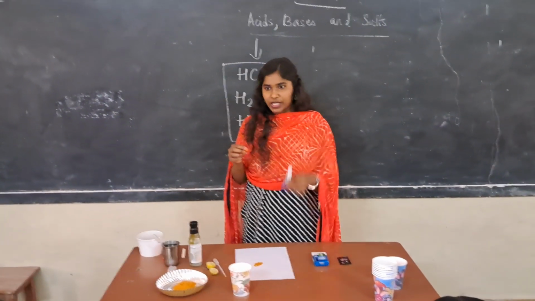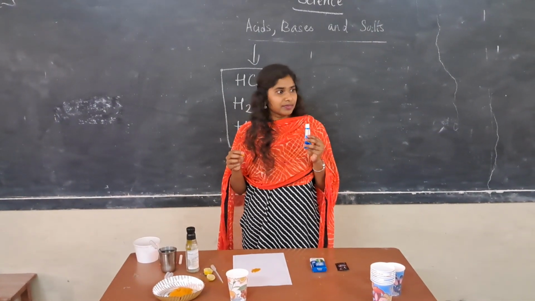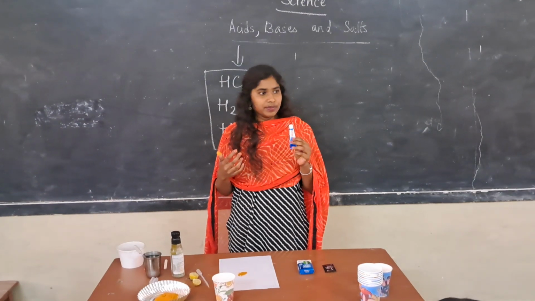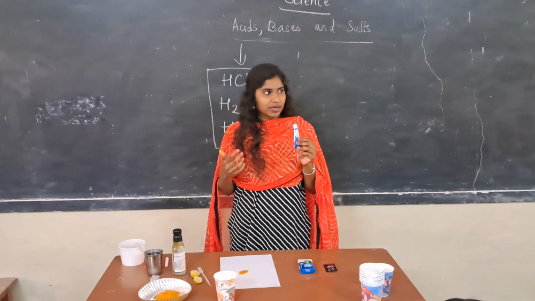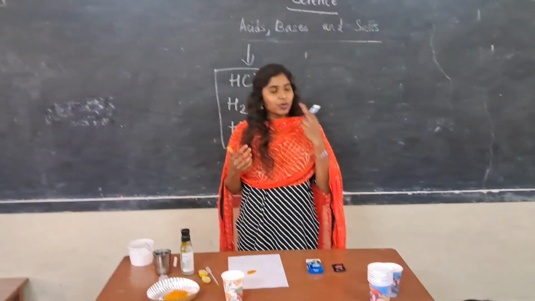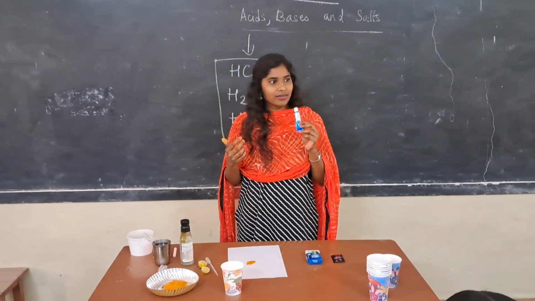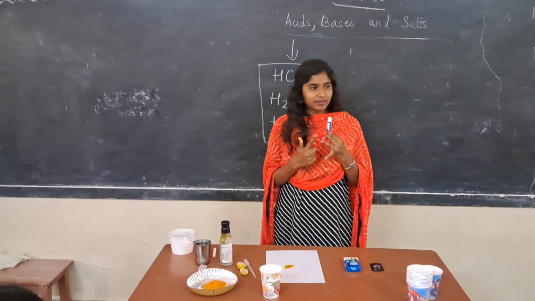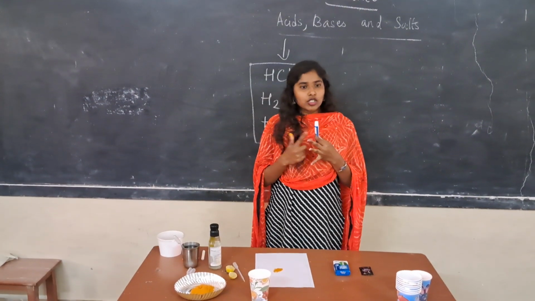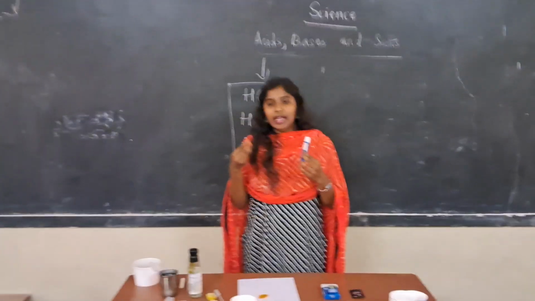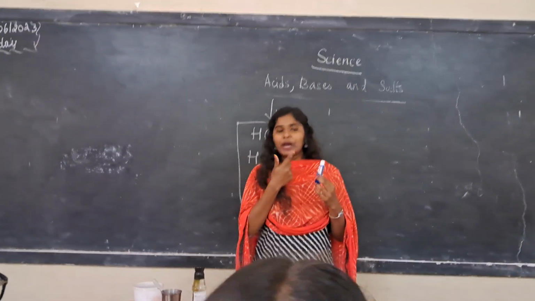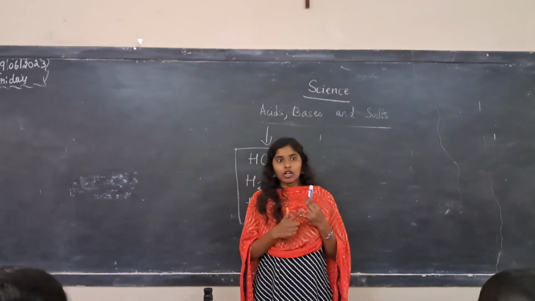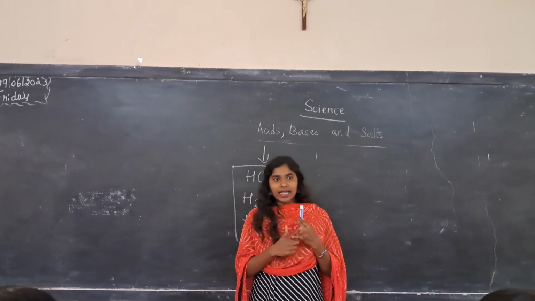And next, toothpaste. Why do we use toothpaste, children? To brush. Why do you have to brush? Germs. What does the toothpaste do to your teeth? Clean. Clean from what? Germs. Dirt. If we eat something, after some time all the food particles will be stuck in your mouth. Last class we learned about something called rancidity. What is rancidity?